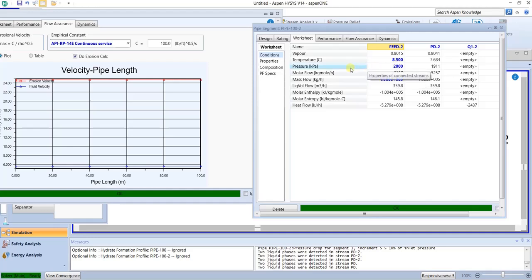I believe that flow rate has an influence on velocity, right? So an increase in flow rate should lead to an increase in velocity, right?